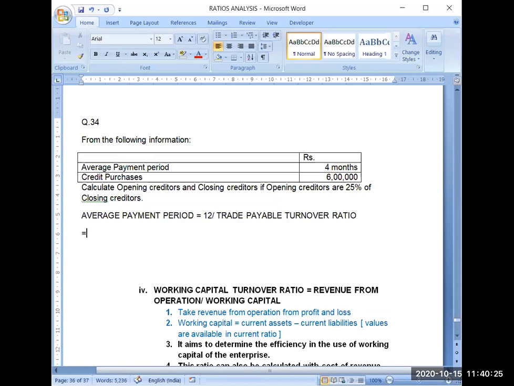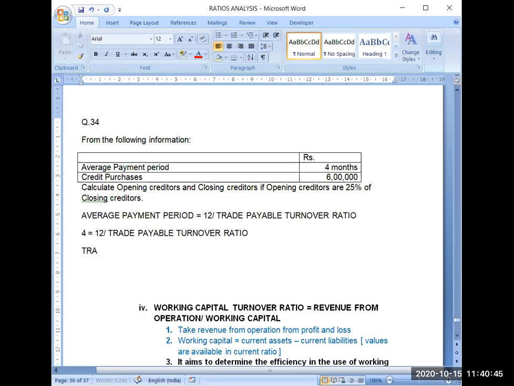Now it will be: average payment period is given, 4 months, is equal to 12 upon trade payable turnover ratio, and then trade payable turnover ratio is equal to 12 divided by 4.